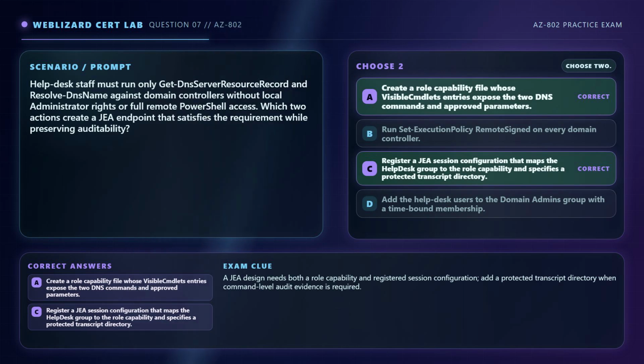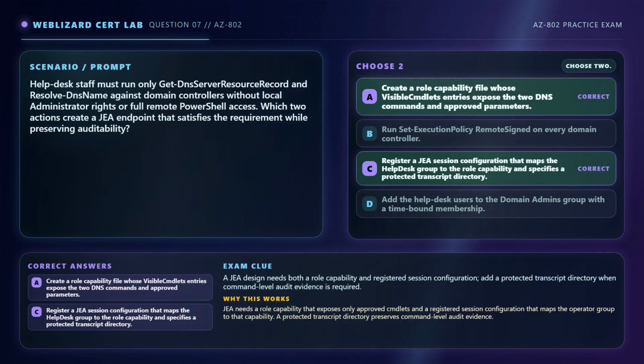The correct answers are A and C. Option A. Create a role capability file whose VisibleCmdlets entries expose the two DNS commands and approved parameters. Option C. Register a JEA session configuration that maps the help desk group to the role capability and specifies a protected transcript directory.